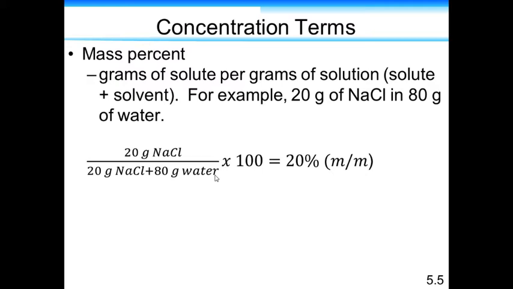For example, if we were to take 20 grams of sodium chloride and put it into 80 grams of water, our solute concentration would be divided by the total solution mass. So 20 grams of sodium chloride in a total of 100 grams of solution. Multiply by 100 to get percent. And frequently we put this little mm notation to indicate this is a mass percent.